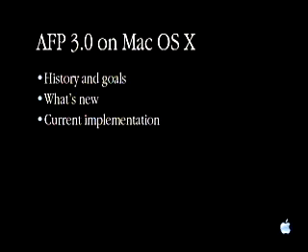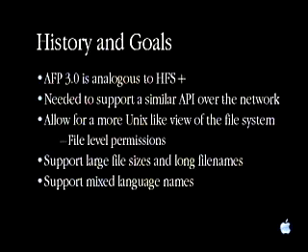I'd like to start with a bit of overview of the history and the goals of AFP 3.0, what we've got that's new, and go over what we've actually accomplished here. AFP 3.0 is similar to HFS Plus in the same way that AFP 2.2 and the earlier versions were similar to HFS. So some of the same limitations and things.